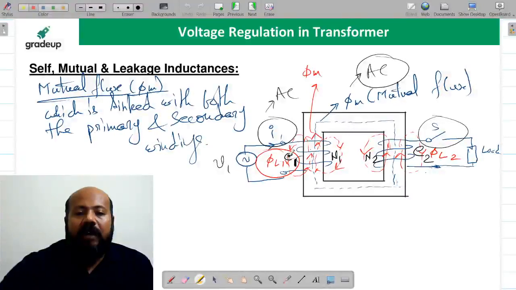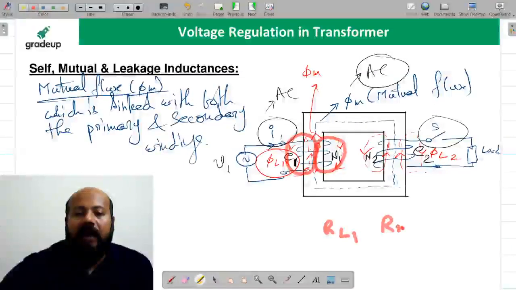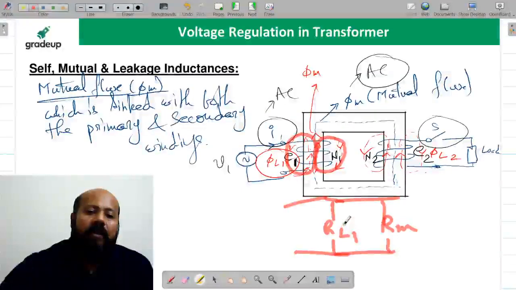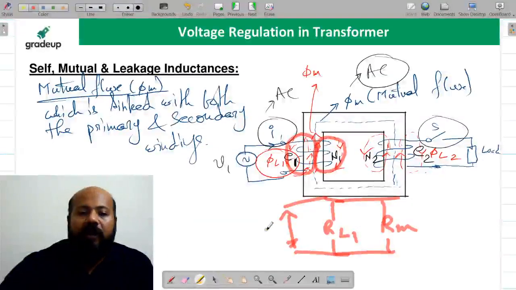For this leakage flux, it is like this, yes or no? So there is going to be some reluctance associated with this that we are calling RL1. And there is another flux, the mutual flux, so that we are writing as RM. So these are the two reluctances and they are connected something like this. Are you getting this or not? And what is the total MMF here? Total MMF here is going to be N1 I1.